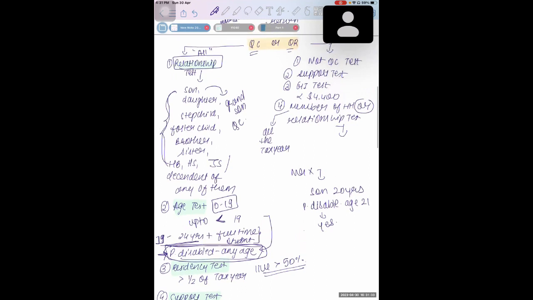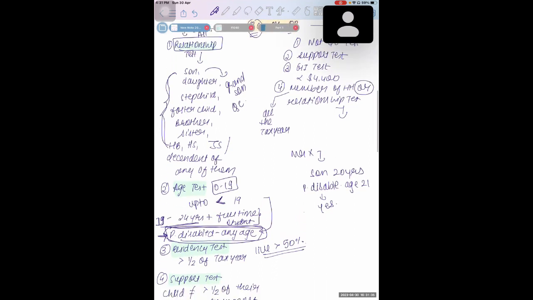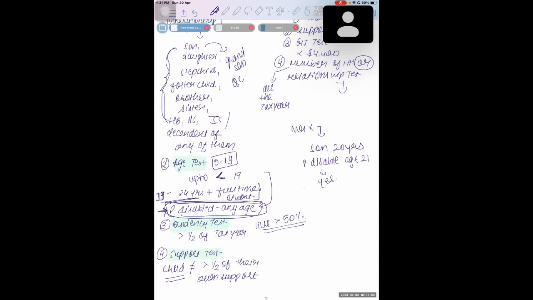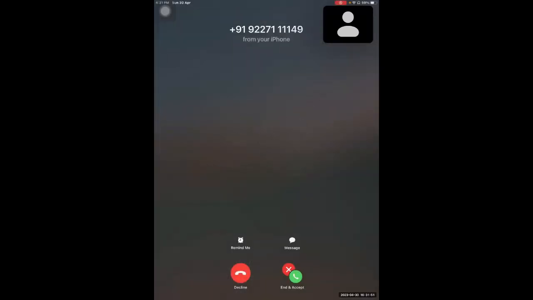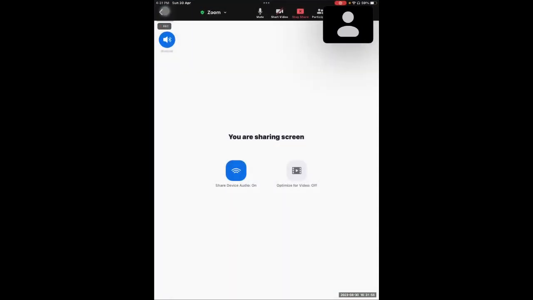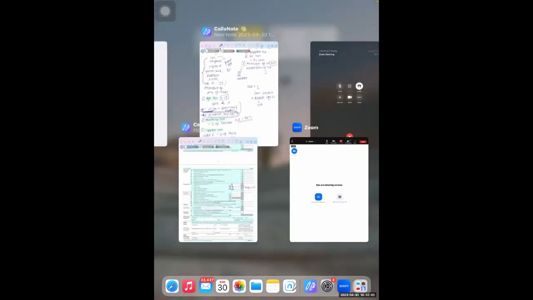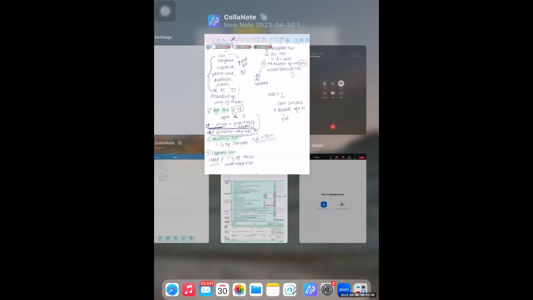Okay, qualifying child. After 19, if the person is pursuing education, a full-time student, then between the ages of 19 to 24 you can claim. But there will be some questions in exams where they provide you the age and confuse you, saying the person is not pursuing full-time education or is not a full-time student and the age is 22 years.